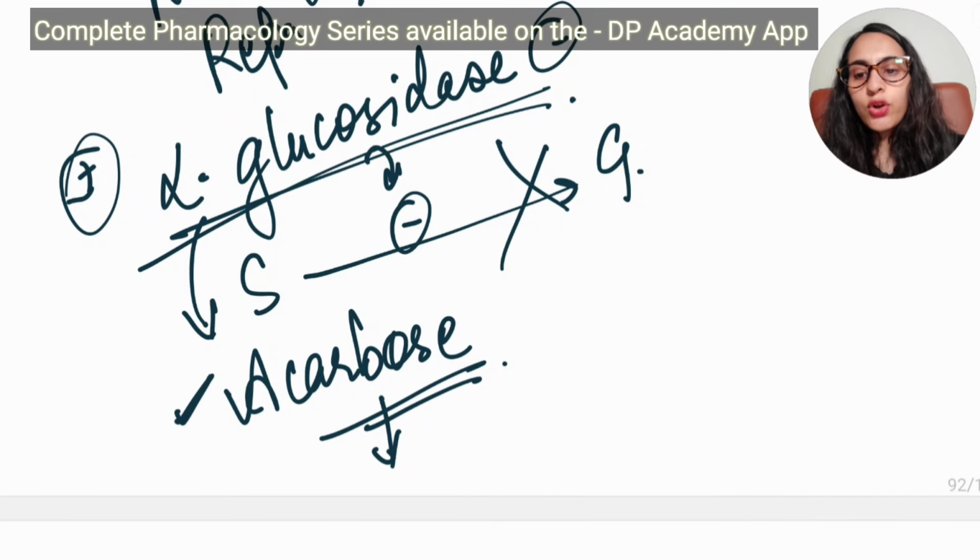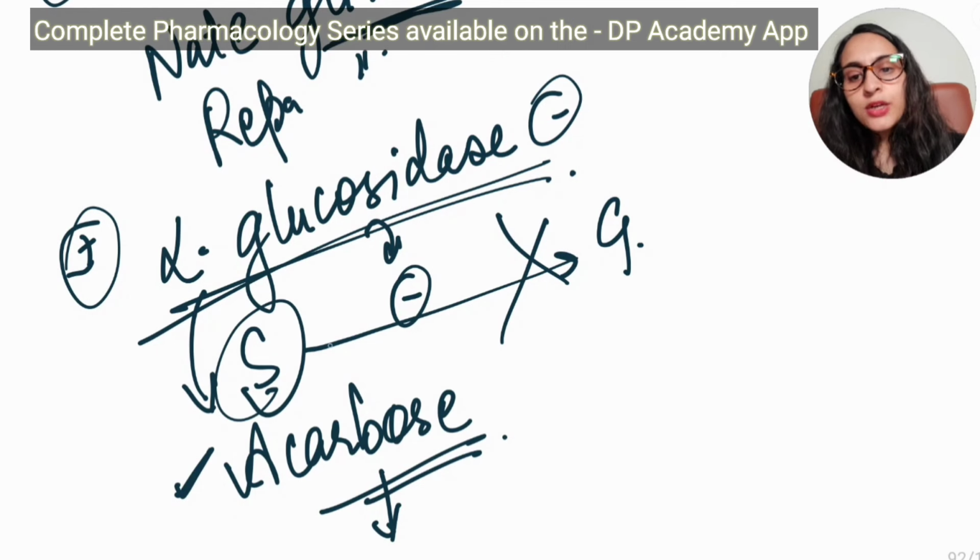In that case, you cannot give table sugar in case of hypoglycemia. Normally when the patient is in hypoglycemia, you give biscuits, or you just give sugar in water, right? But you cannot give table sugar to these individuals as the first line of management. Why? Because table sugar is sucrose, and its conversion to glucose is inhibited by acarbose because of the alpha glucosidase inhibitor action.